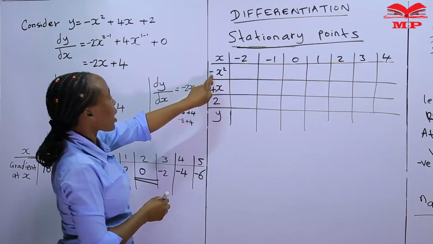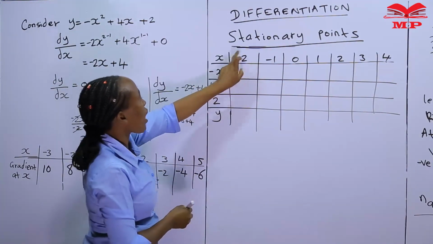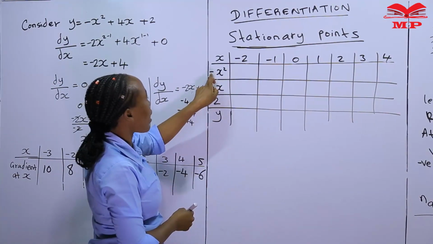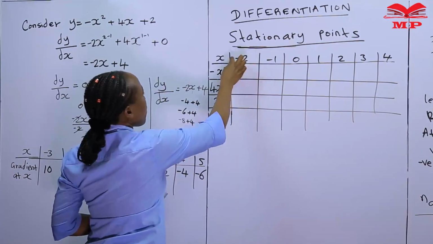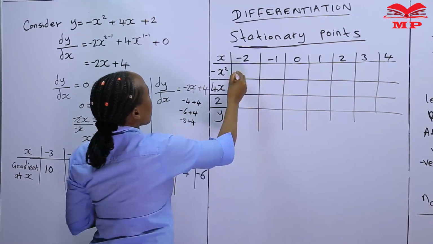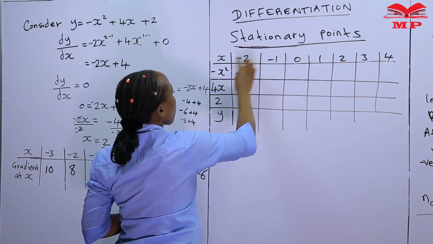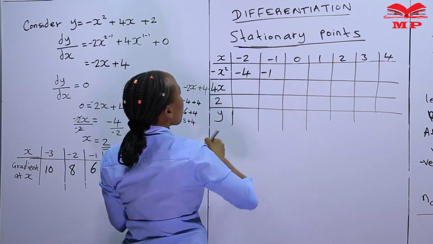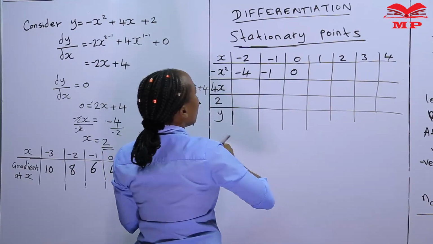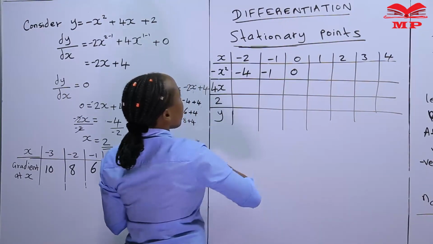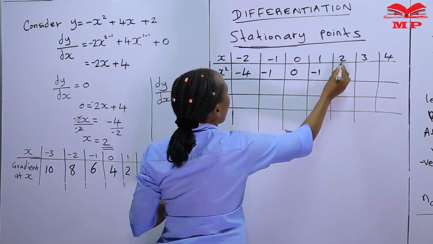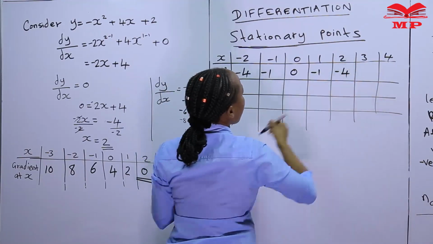So here we have -x squared. So we square the x, then we multiply by -1. So this will be -4. X squared, -1 squared is 1 times negative, we have -1. This is 0. 1 squared, then we have negative. 2 squared, then -4.